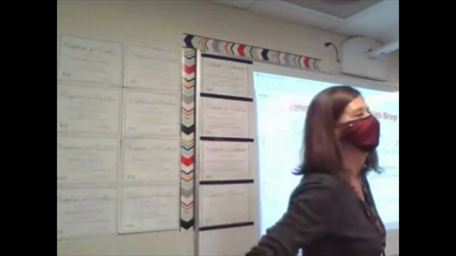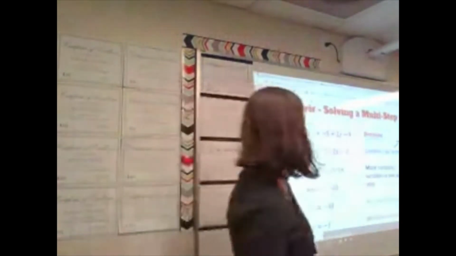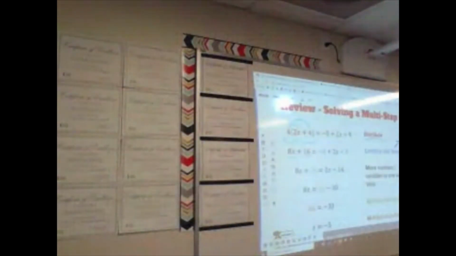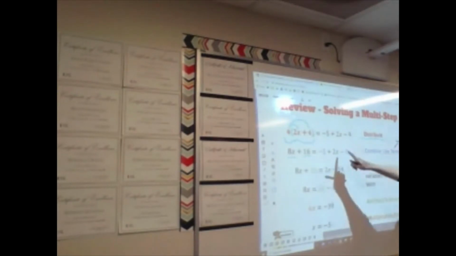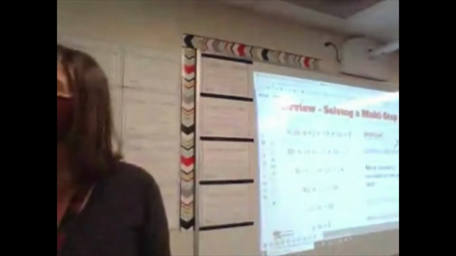Juan, you and I were talking about this yesterday. What do like terms have to make them alike? Right, 8x and 2x, because they both have the same what? Variable. Yeah, they have to have the same variable. Perfect. So same variable.